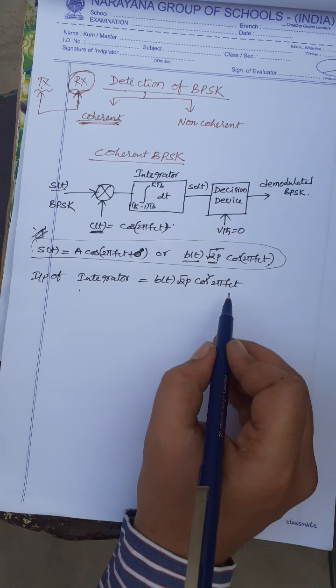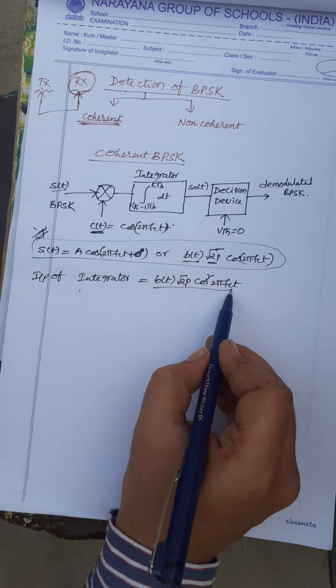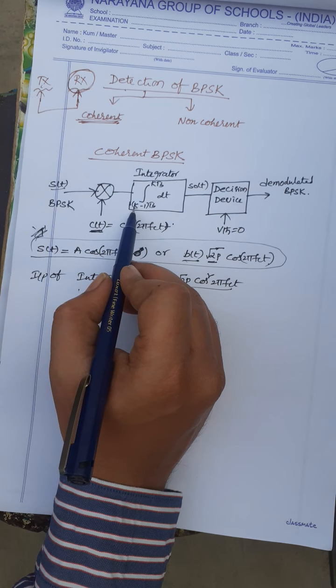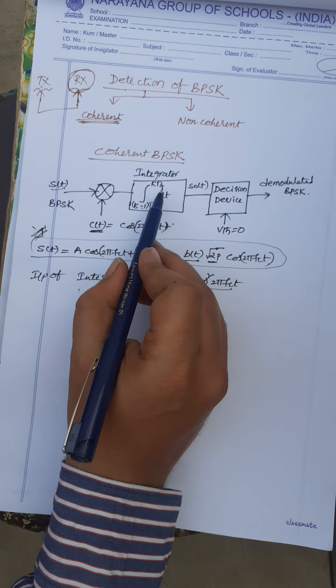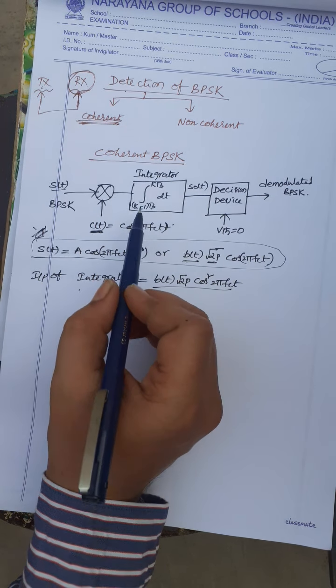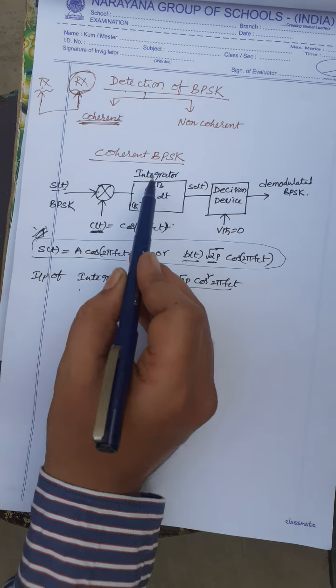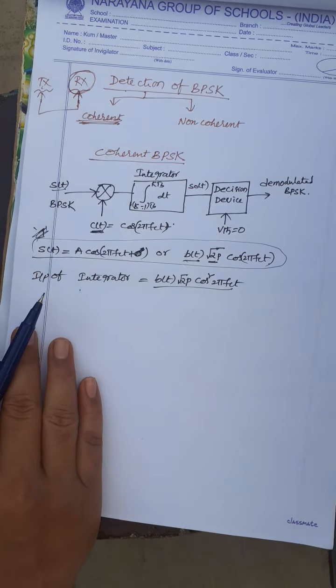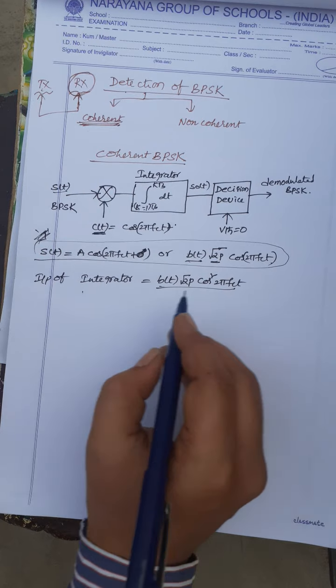Now this signal is passing through the integrator, where the integrator limits are k minus 1 TB to KTB. TB is a single TB duration, that is the kth TB duration. We are integrating over 1 TB duration, that is k minus 1 to k. So this is the input of the integrator.